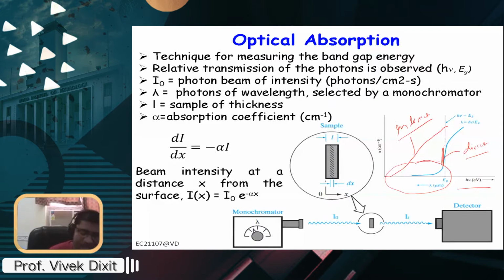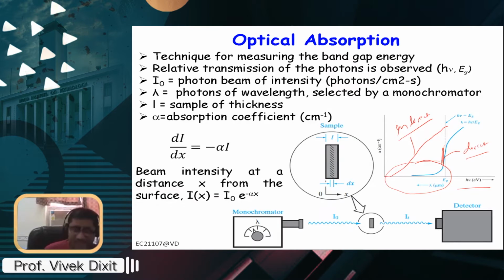So direct band gap are those semiconductors where the conduction band minimum and the valence band maximum are at the same k vector. Indirect band gap semiconductors are those where the conduction band minimum and the valence band maximum are separated in k space, at different wave vectors, as we have seen in the E-k diagram.